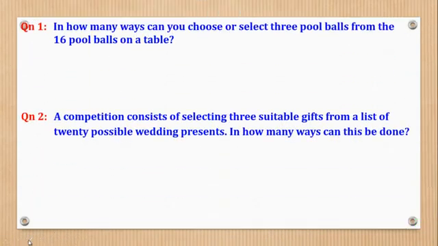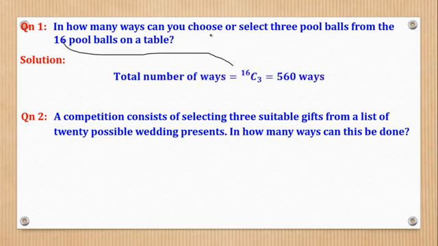With that, we are going to go through some questions. The first says, in how many ways can you choose 3 pool balls from the 16 pool balls on a table? Here the total is 16, meaning it will be 16 combination 3. When you use the calculator, you come up with 560 ways.